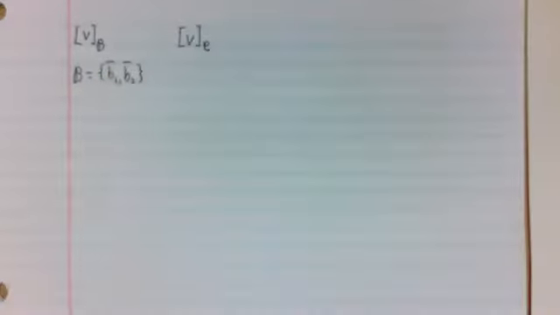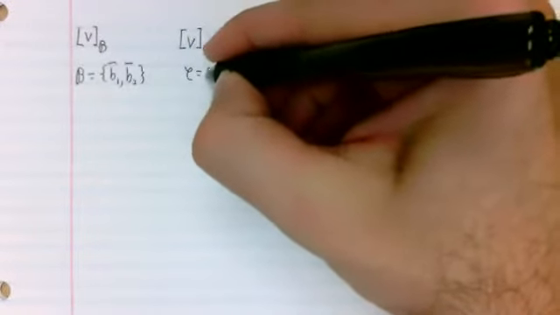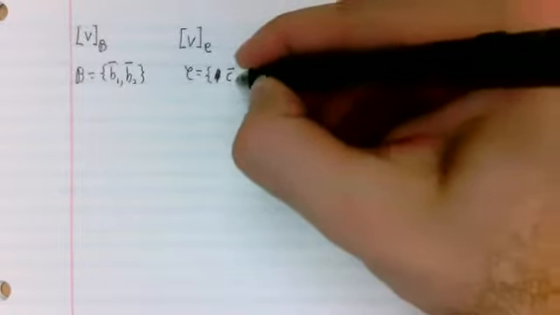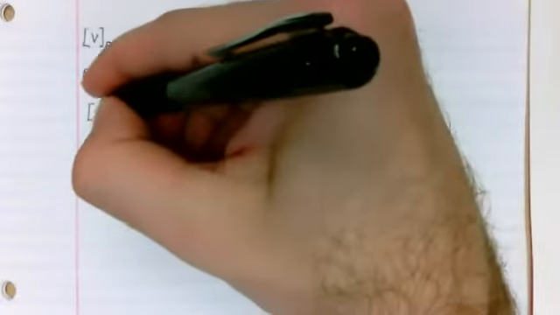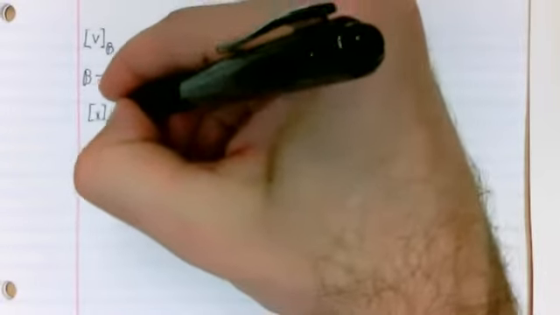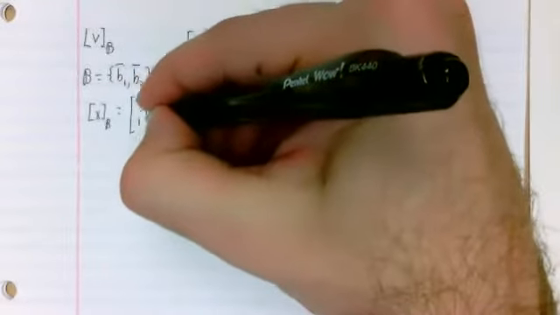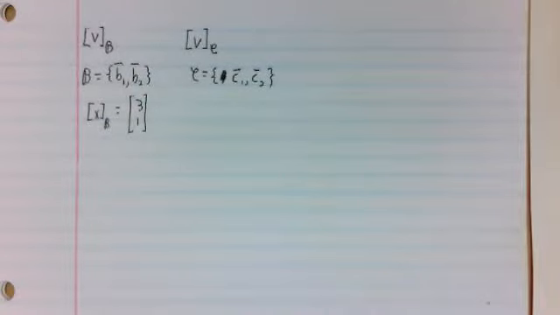We have this two-element basis B and this two-element basis C. And we know how to express x in terms of B. X expressed in terms of B is 3, 1.